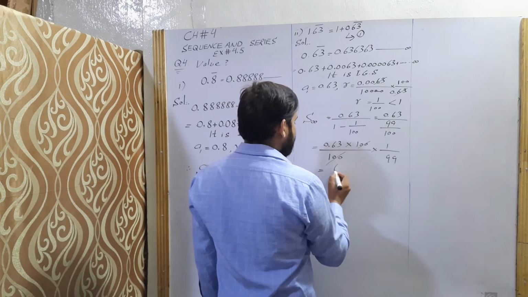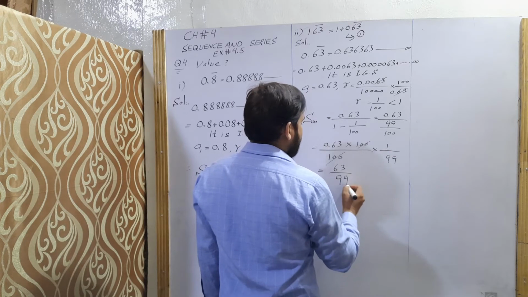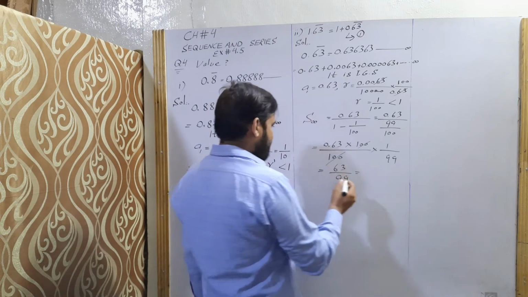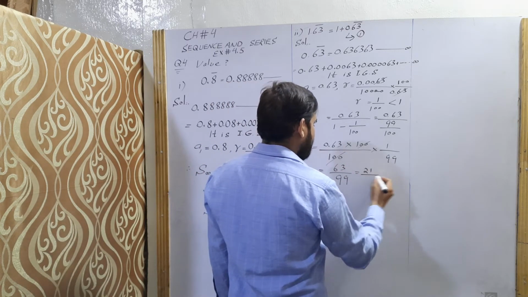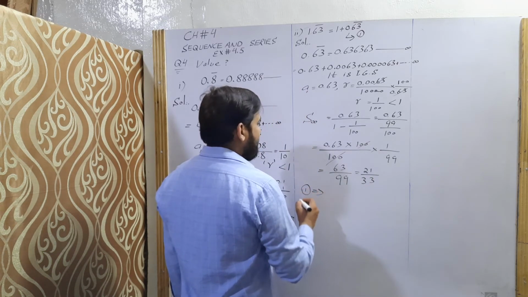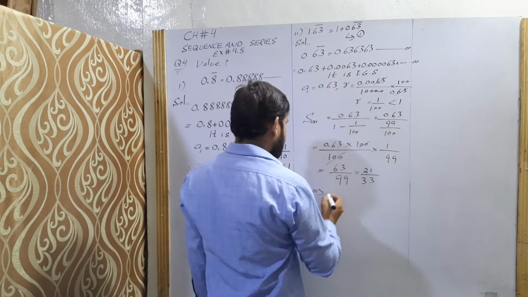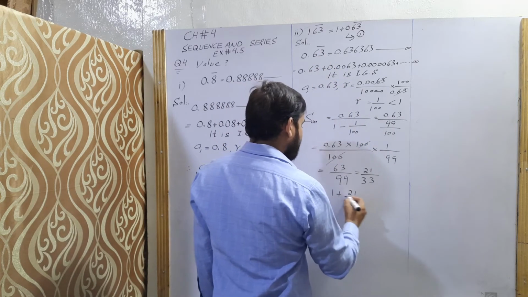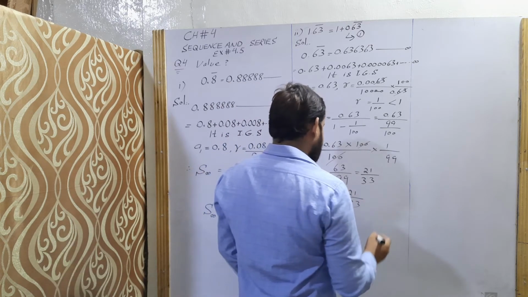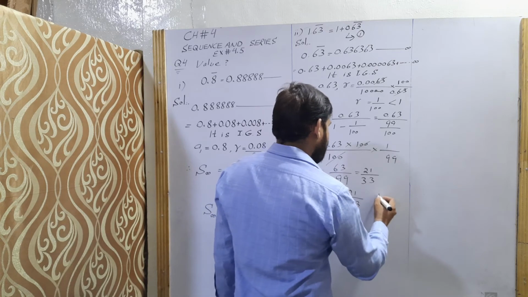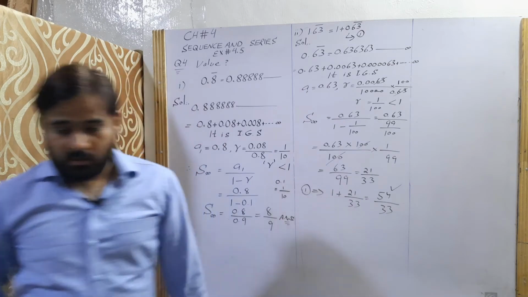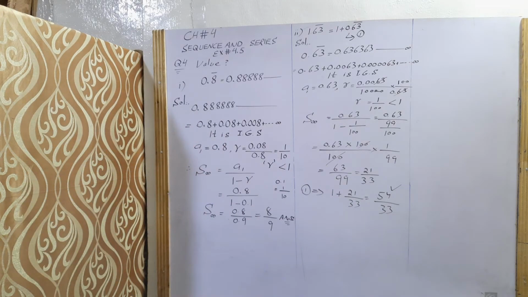So there is simply 63 divided by 99. After simplification, 63 over 99 is 21 over 33. From equation 1, this is the value of 0.63 bar. So 1 plus 21 over 33, 33 ones are 33 plus 21, so this is equal to 54 over 33, and this is the value or answer in this case.